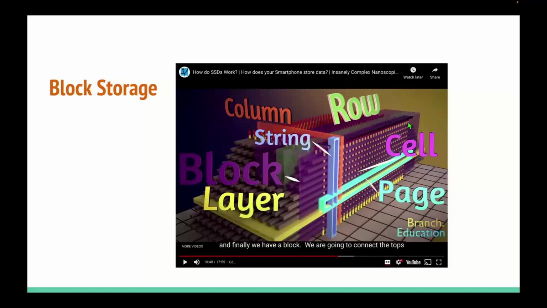So if you're storing data in a database and you want to edit, let's say it's name, birthday, first name, last name, birthday, address, etc. Someone changes their address, you can't tell the solid state drive to go find the row that has their address and change the electron count within those cells, because that is too small of a unit for the solid state drive to clear out the electrons.